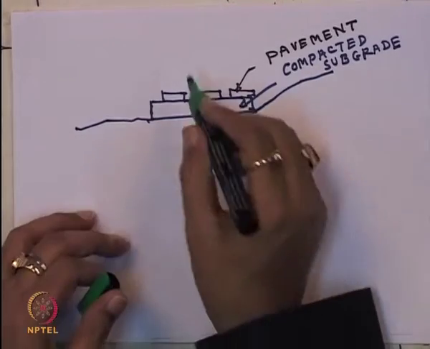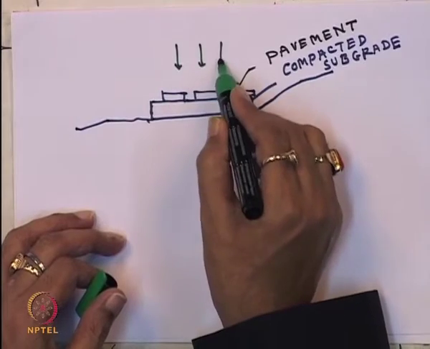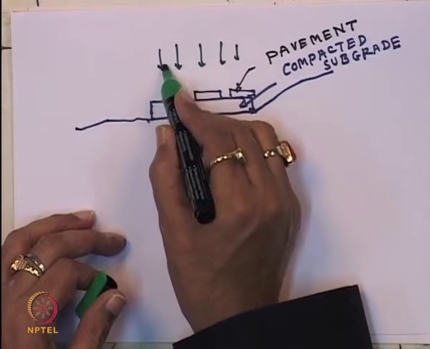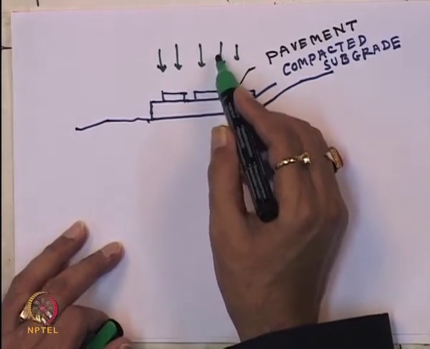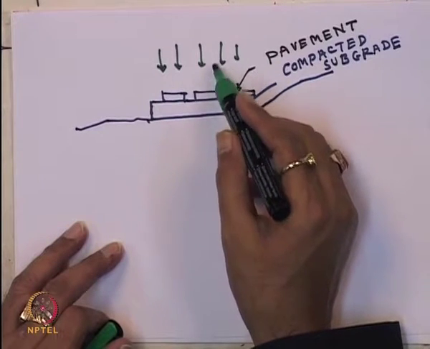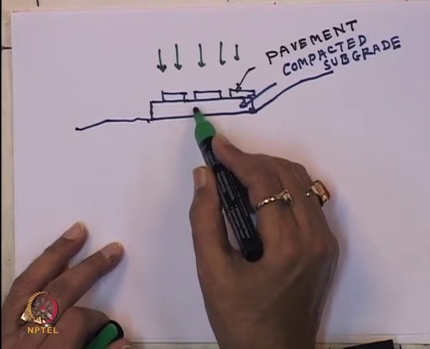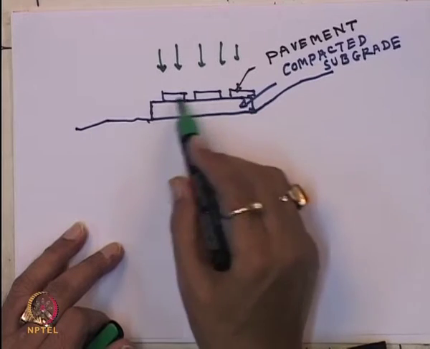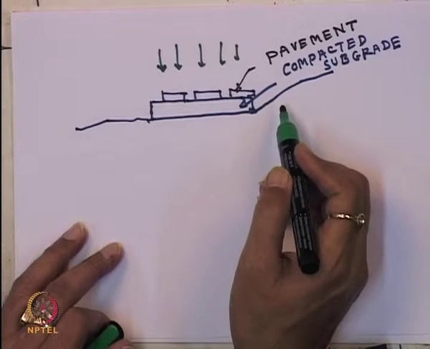Now, rainwater can pass through this pavement, that means through the permeable surface.